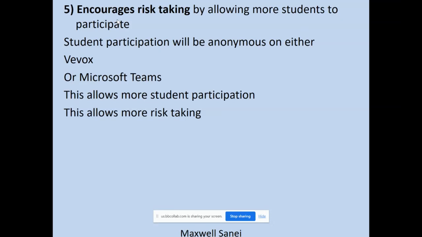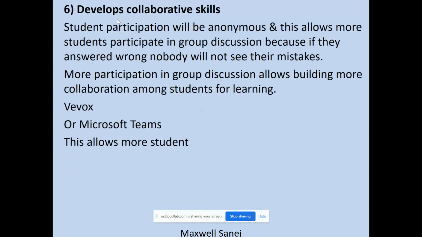Okay, so risk-taking, more students, there is no risk. So this is why they are able to jump in the middle of the discussion. It develops collaborative skills. Students' participation will be anonymous. So if this is group work, we sit together, we discuss, and I say something wrong, and everybody says, oh, we don't know anything.